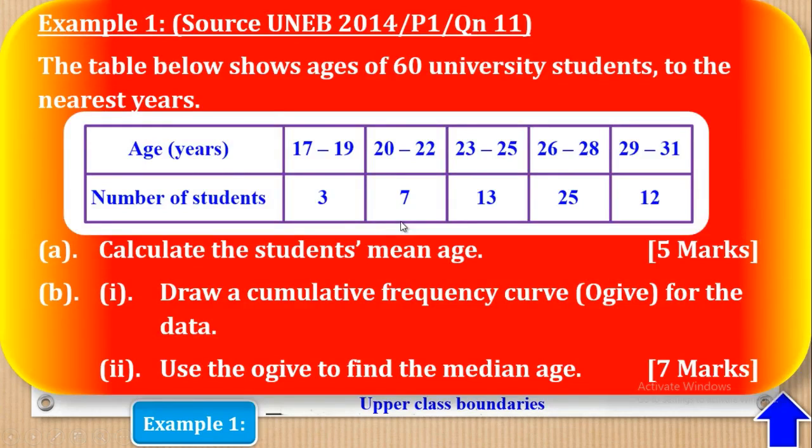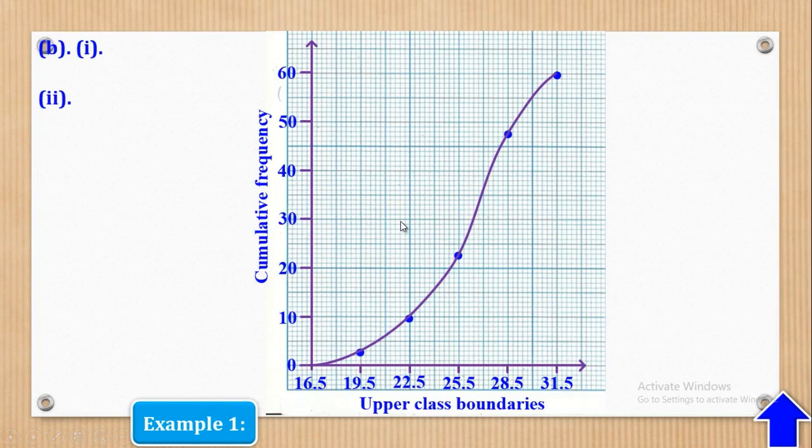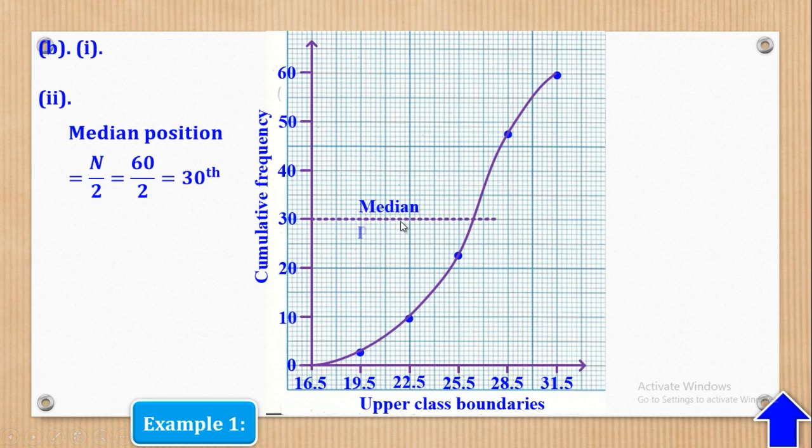Now we shall go to Roman 2. They said use the Ogive to find the median age. So we have to first get the median position, and the median position is n over 2, where n is the total frequency, which is 60, divided by 2 to get 30. So this is the 30th position. That's where our median is. So we come to 30 on the vertical axis and take our horizontal line to meet the curve, just like I told you in the introduction.